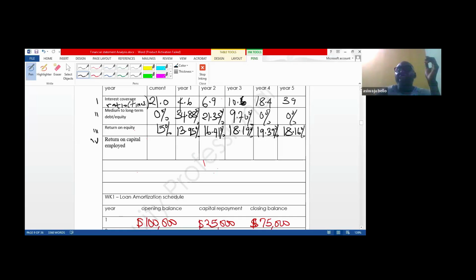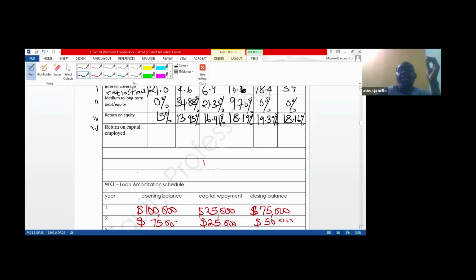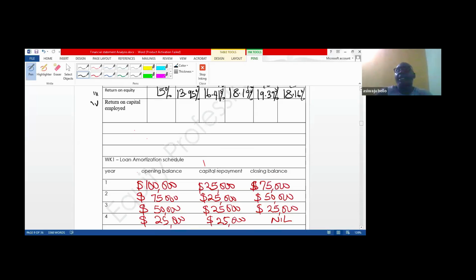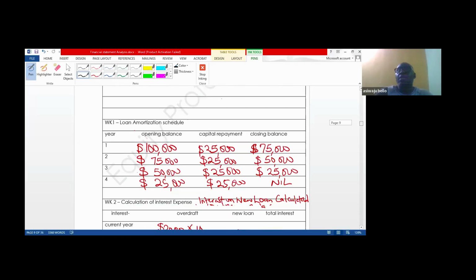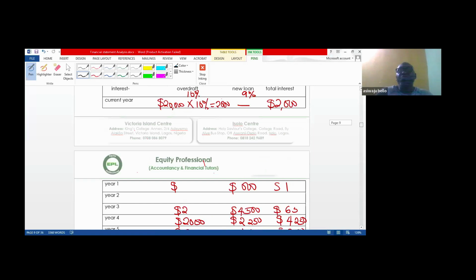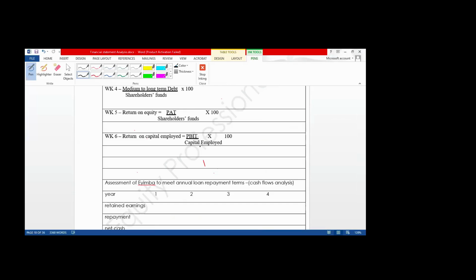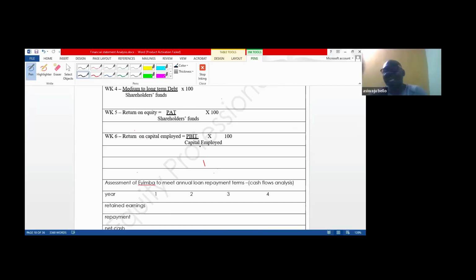But I would prefer to say my return on capital employed is profit before interest and tax divided by capital employed. The capital employed is equity capital and long-term debt.